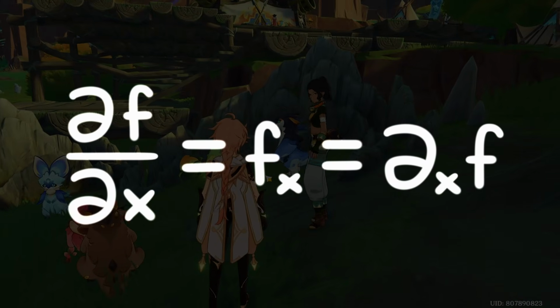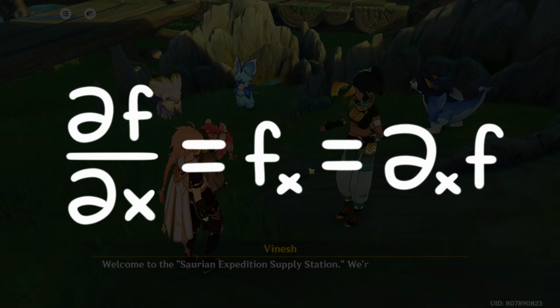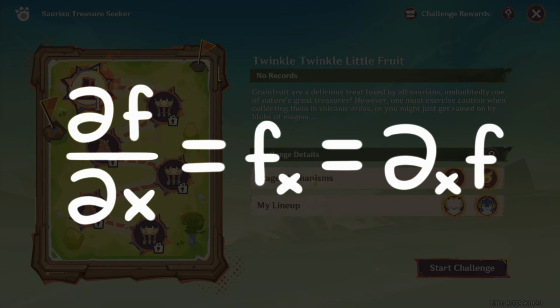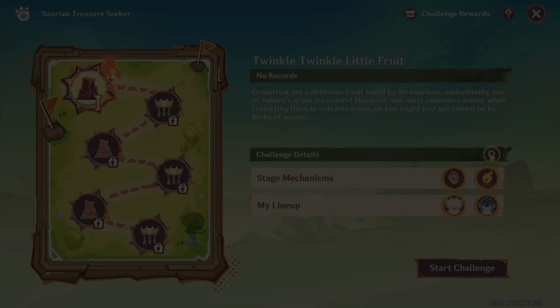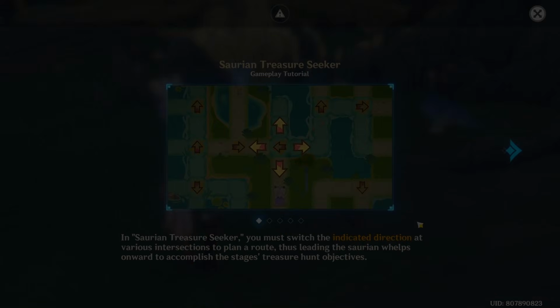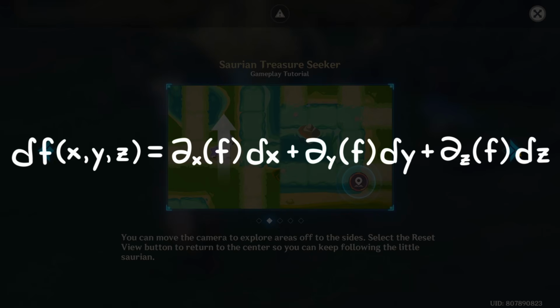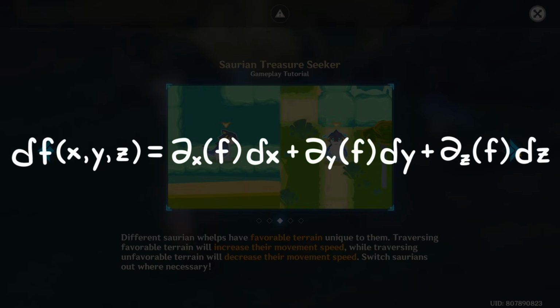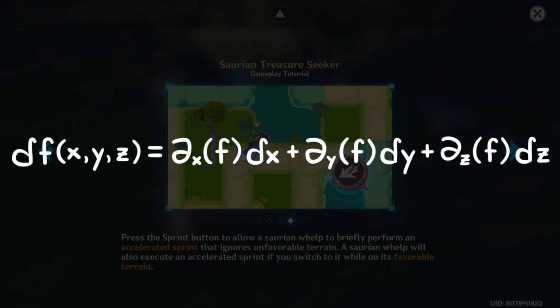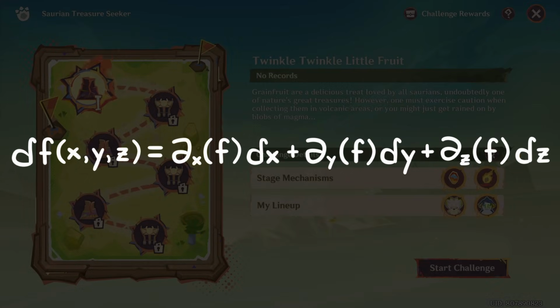Common notations for the partial derivative can be seen on screen, where we have this curly d symbol. This means that df can be written out as such. df is equal to partial x of f dx plus partial y of f dy and partial z of f dz.